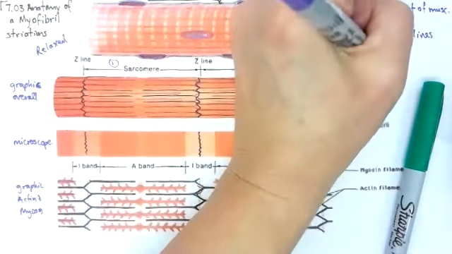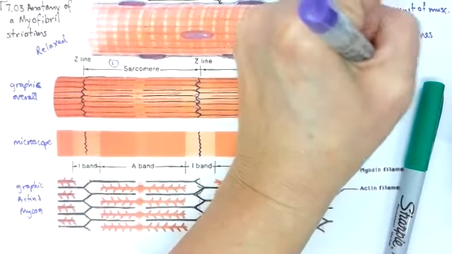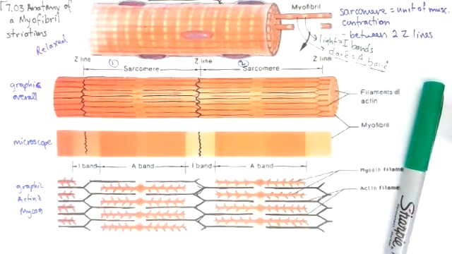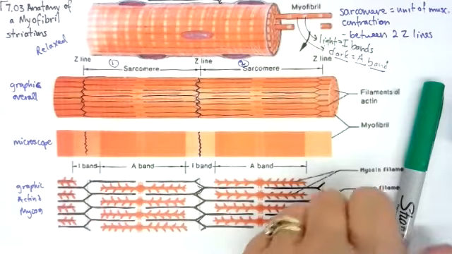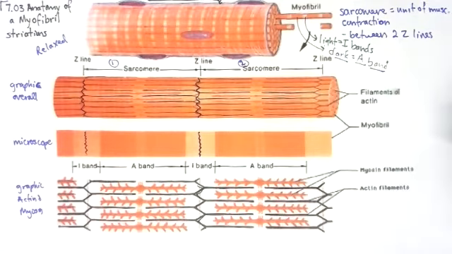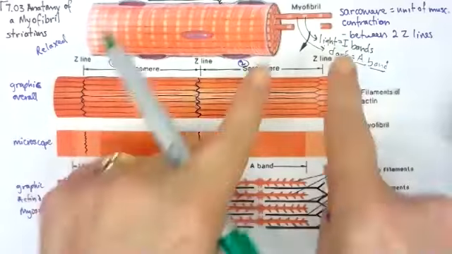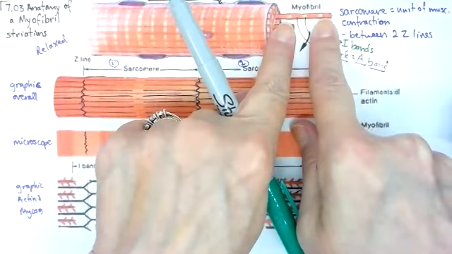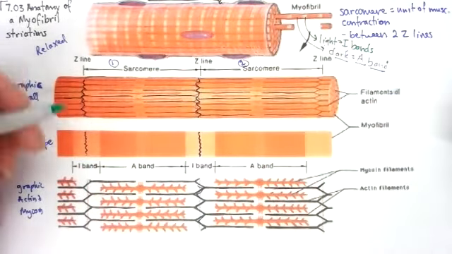If you notice, the closest one-to-one to this is this, and you can see here I have an I band.